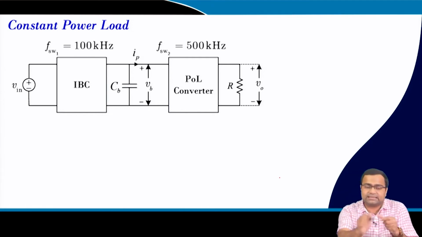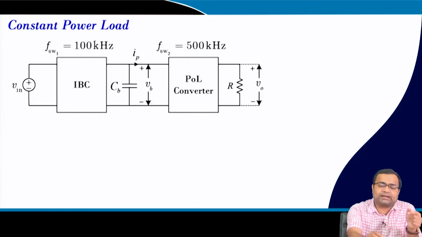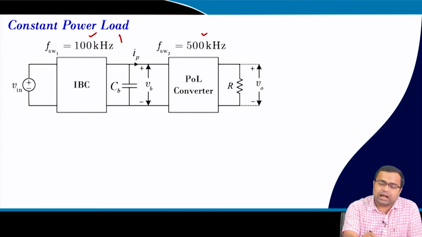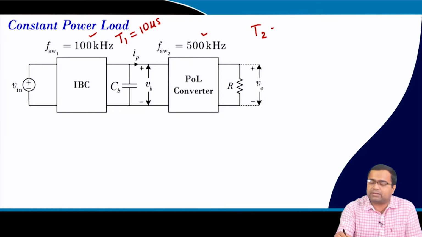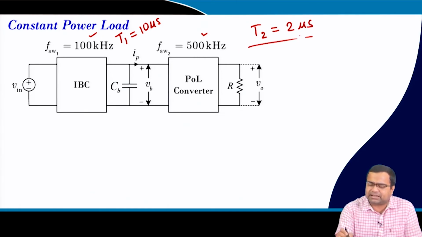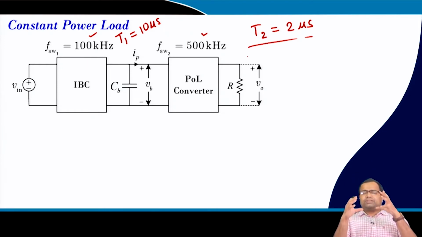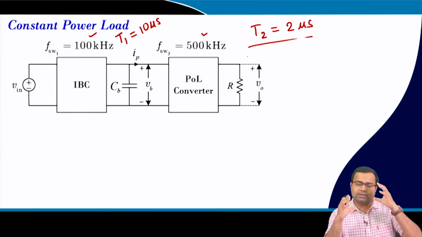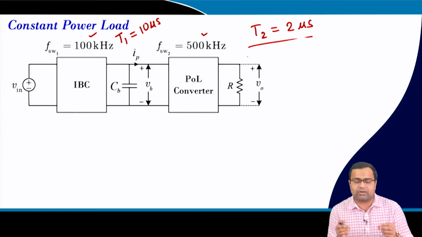In this case, the IBC is operated at 100 kilohertz and the POL at 500 kilohertz. So our T1 is 10 microseconds, and our T2 is 2 microseconds. In fact, this is the specification I have used so far for a standard buck converter, where we consider 12 volt input and 1 volt output.